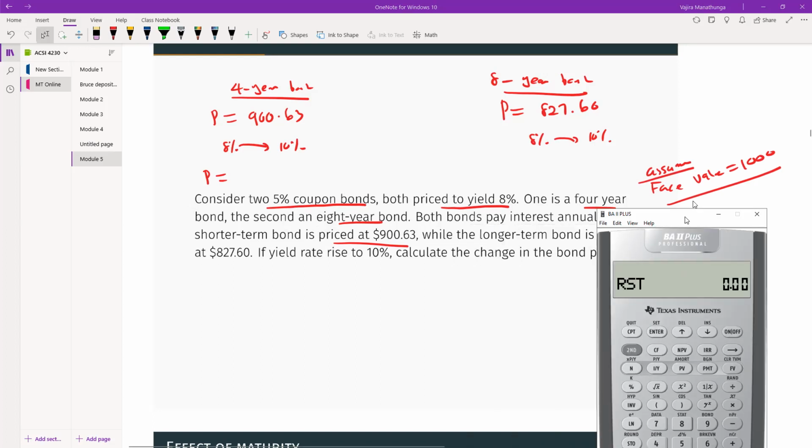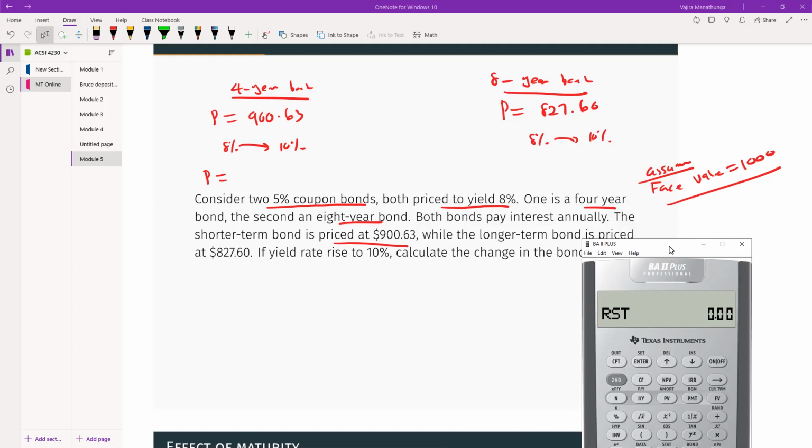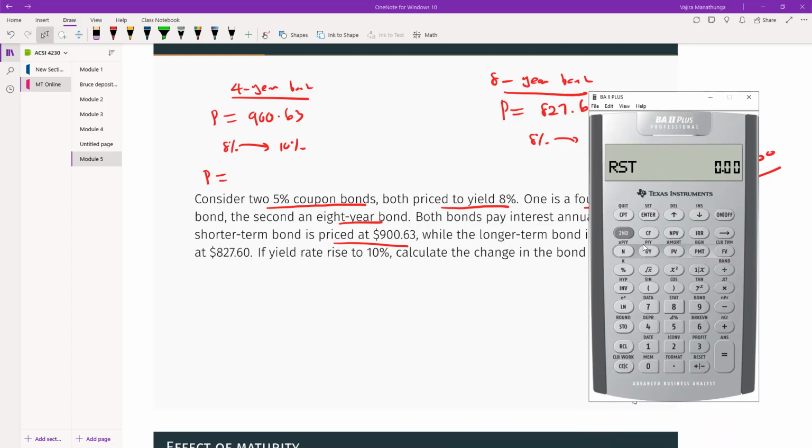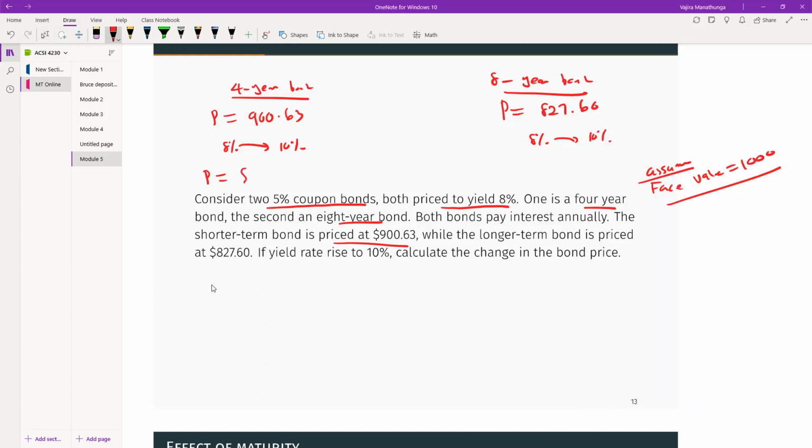So 1,000 times 5%, that's 50. So I'm assuming coupon payment is 50. Then the future value is 1,000. Rate is going to be 10%. This one is for 4 years, and compute present value. So it's 841.51.